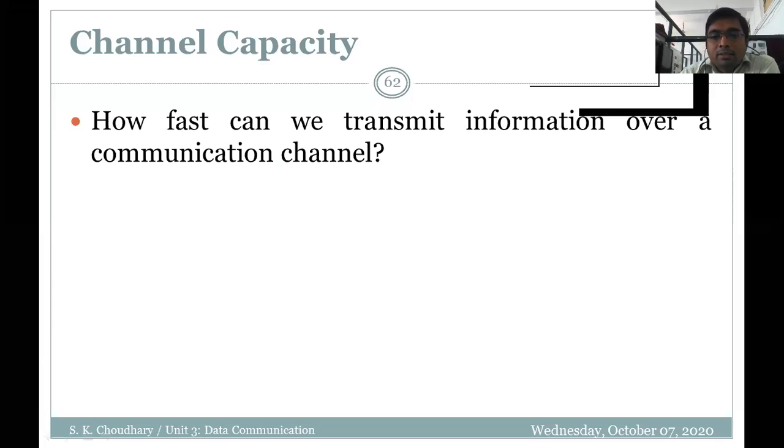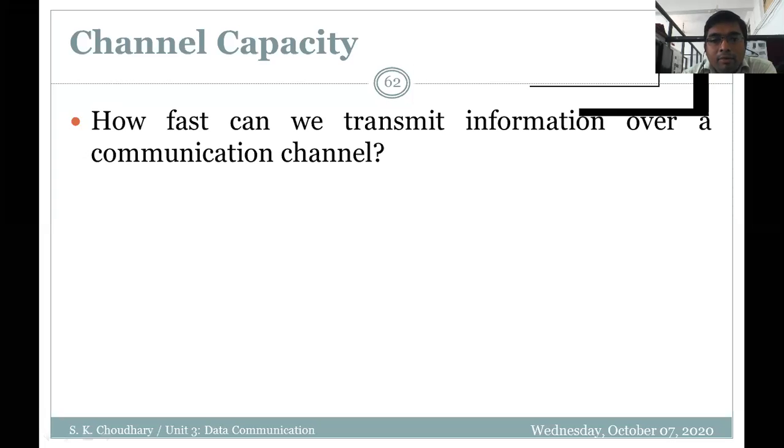A question arises related to channel capacity: how fast can we transmit information over the communication channel? We have learned the information rate, the Nyquist criteria, noiseless and noisy channels, all these things.